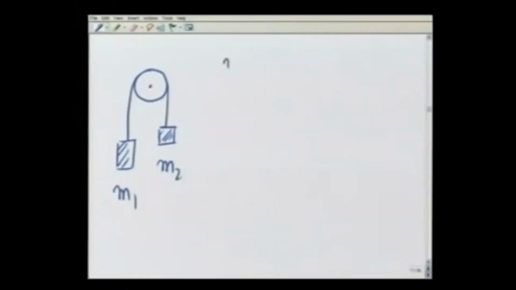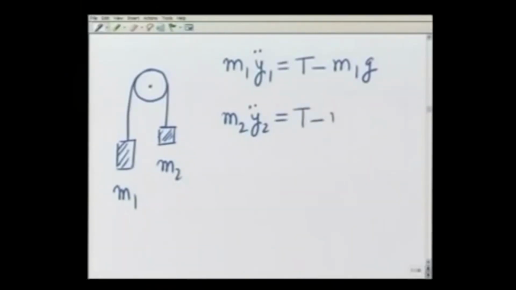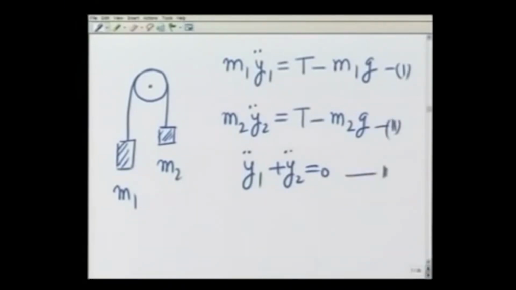I have m1 y1 double dot equals t minus m1g, m2 y2 double dot equals t minus m2g, and y1 double dot plus y2 double dot equals 0. I have three equations and three unknowns, and I can solve my problem.